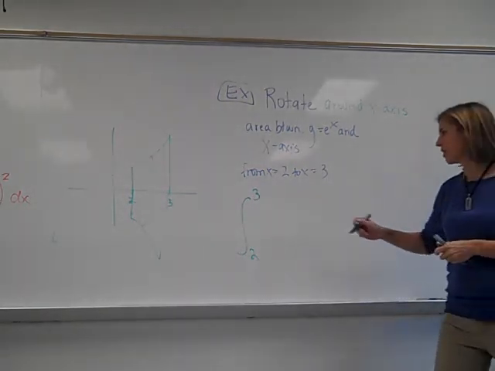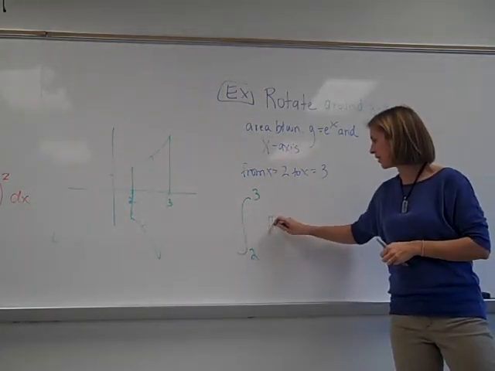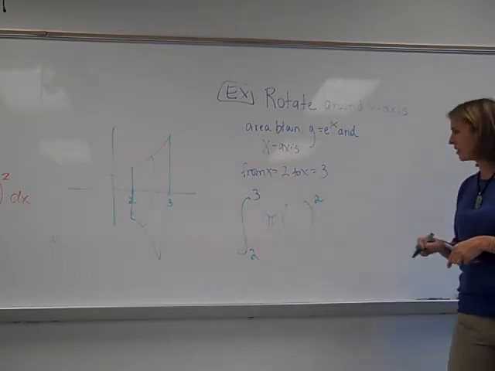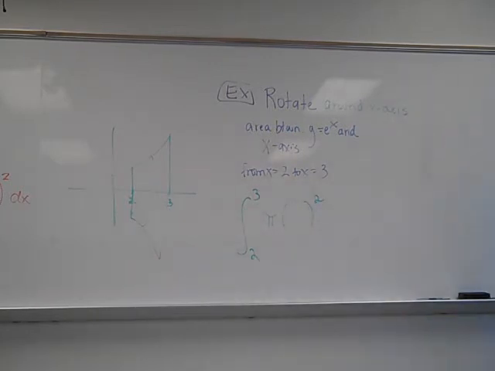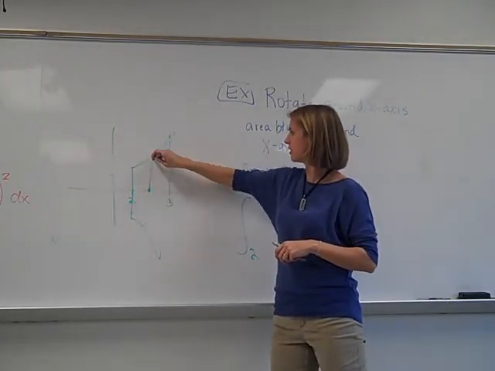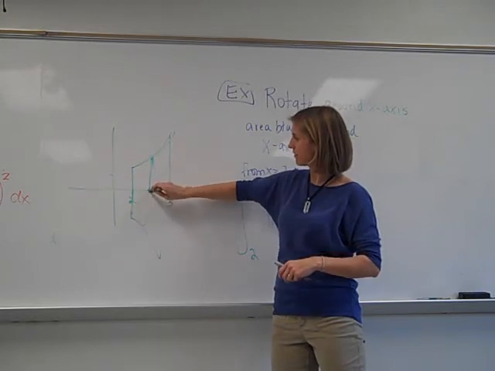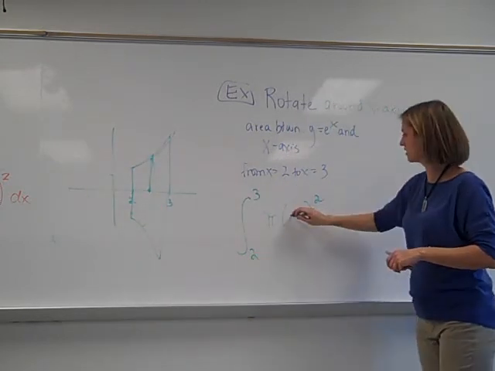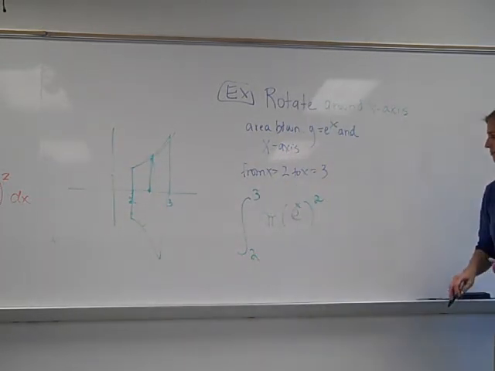Those circles are all going to have the area of pi r squared, and r is going to be the height of the function. Right now that's pretty easy. The radius of this circle is the height of the function, which is just e to the x. And I should have a dx on the end to represent the width of one of those circles that I'm going to use to add up.